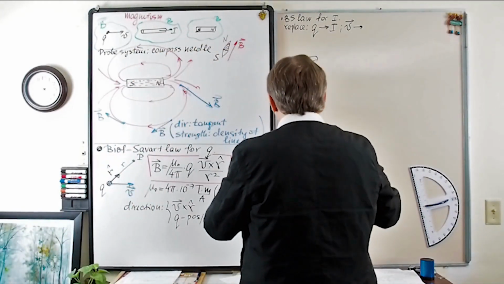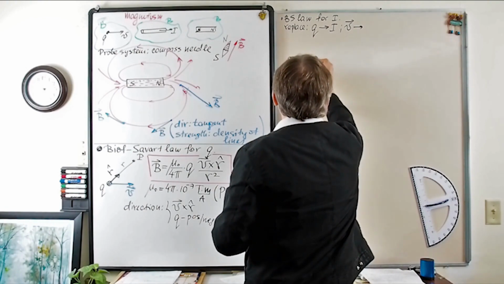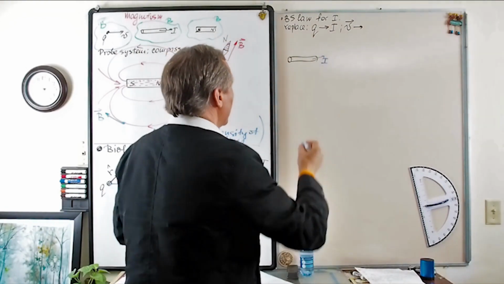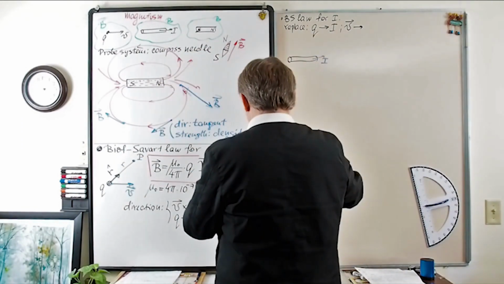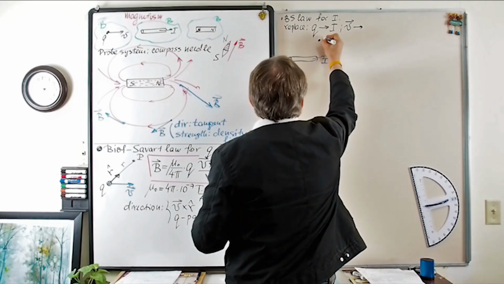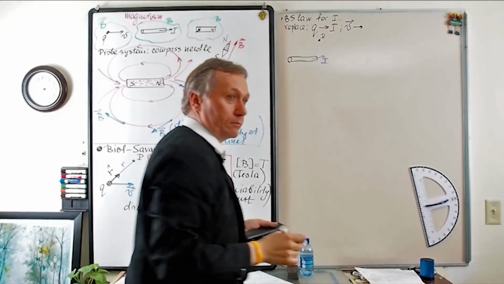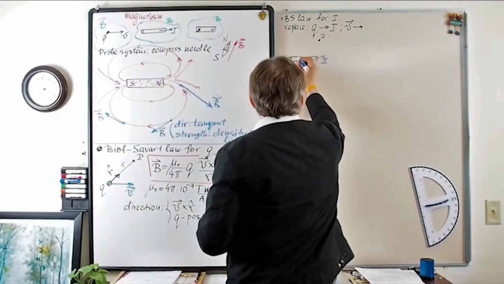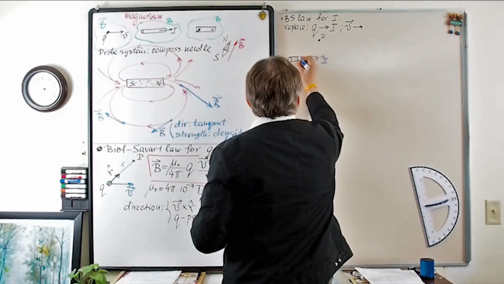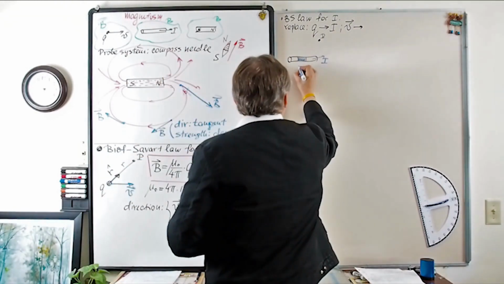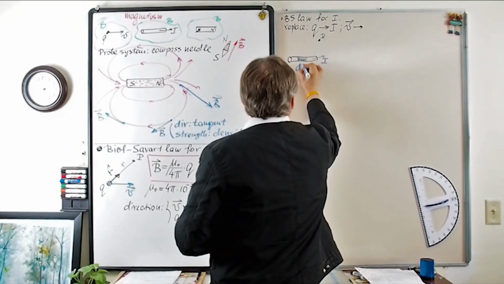Let's assume that a current I flows that way, and we want to find, for example, the magnetic field at this point P. We have to take an infinitesimally small segment of this wire, let's call it ds.